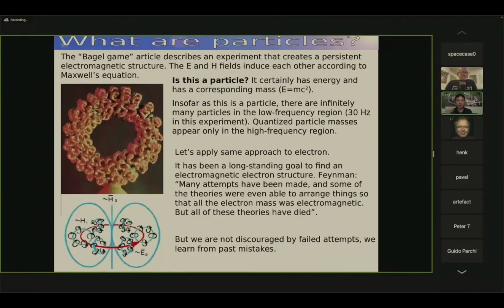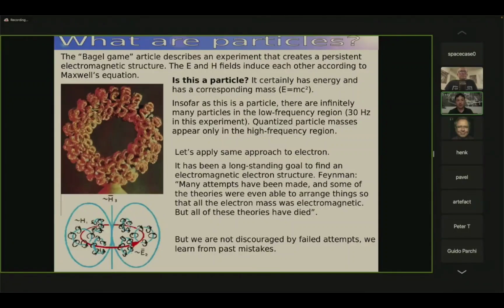Now, the other thread that comes into my presentation that's very important is the article which Bob has translated, the Bagel game article. This has been introduced in your previous videos. This article describes an experiment that creates a persistent electromagnetic structure. What you see in that experiment is a kind of torus upon torus upon torus structure of the electric wire that you can see there.